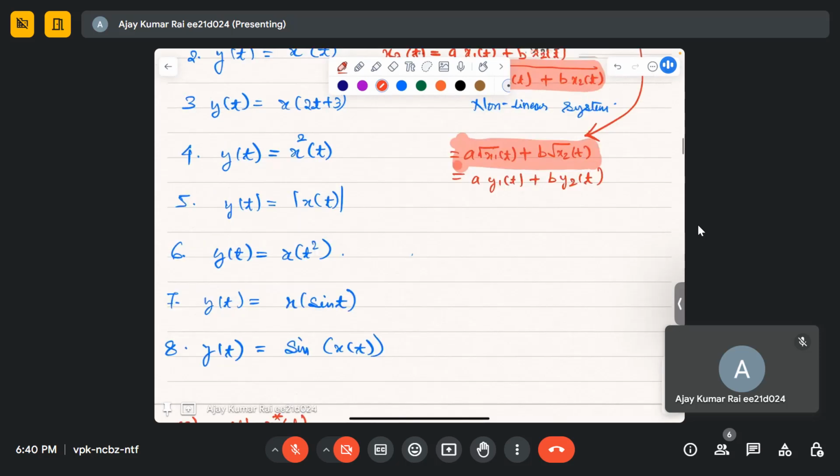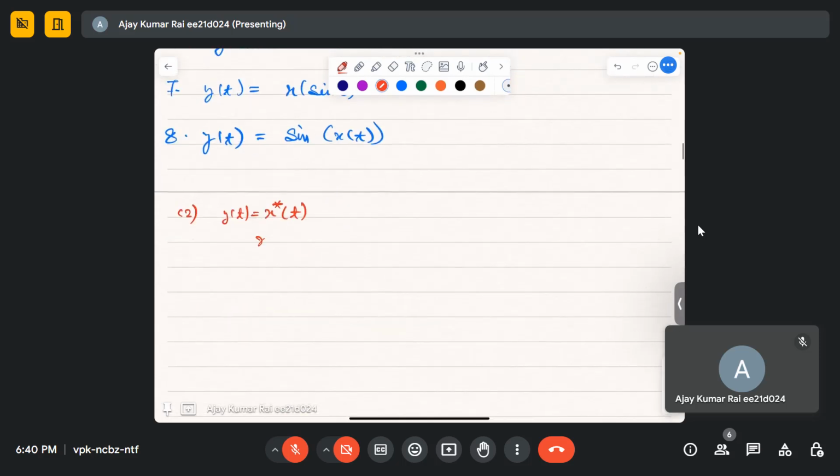Similarly, I'll do this one also. For x1(t), what is the output you're getting? x1 conjugate t, right? For x2(t), you're getting x2 conjugate t as output, right?